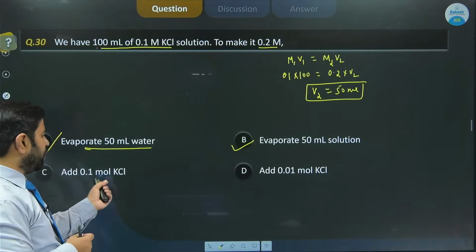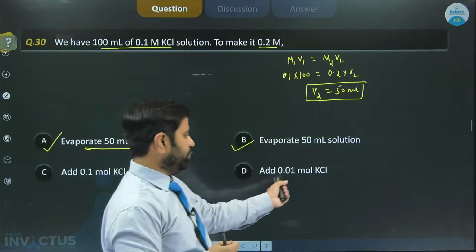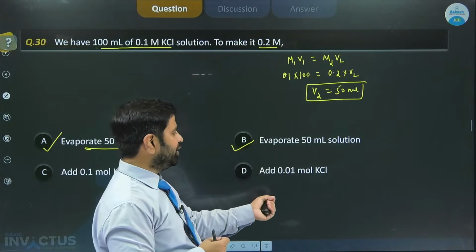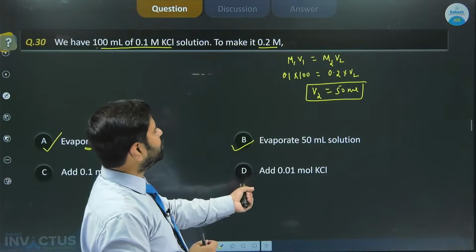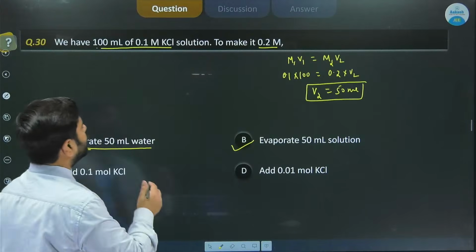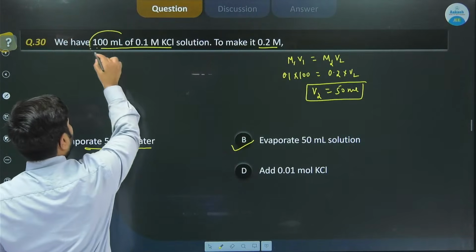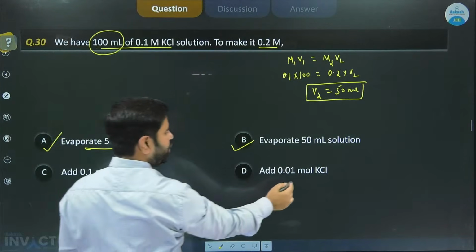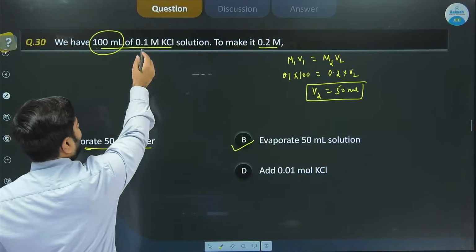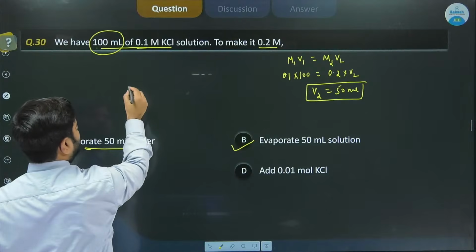Add 0.1 mole and add 0.01 mole. So let's check how many moles should be added to the solution so that the solution becomes 0.2 molar, keeping the volume the same. I am talking about options C and D. Keeping the volume the same, how many moles are given originally?